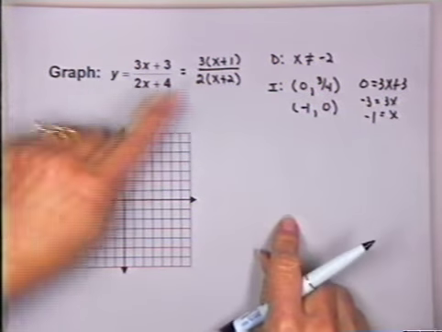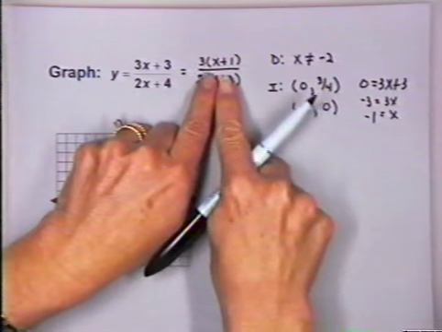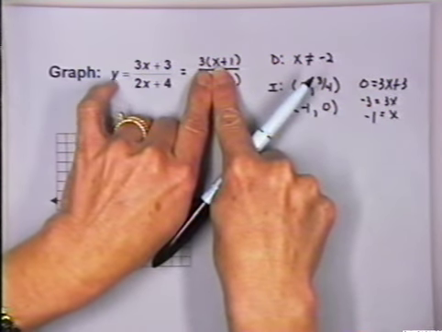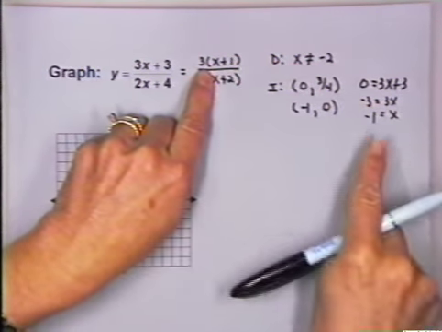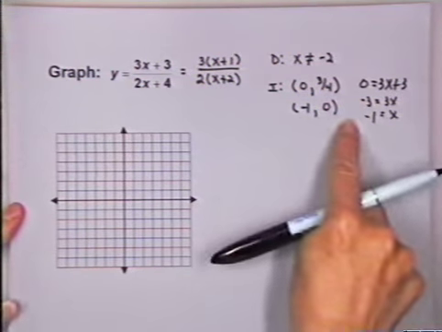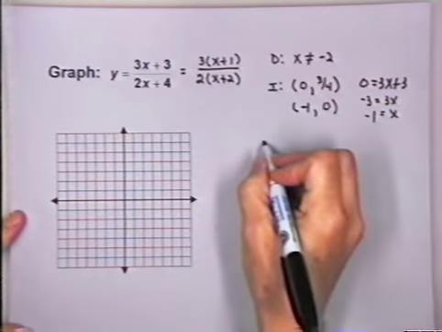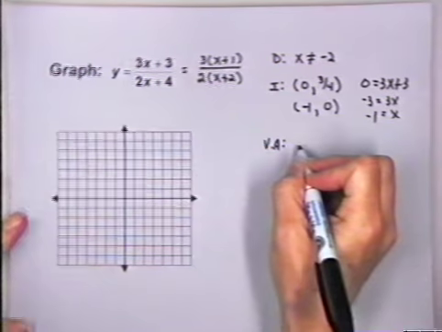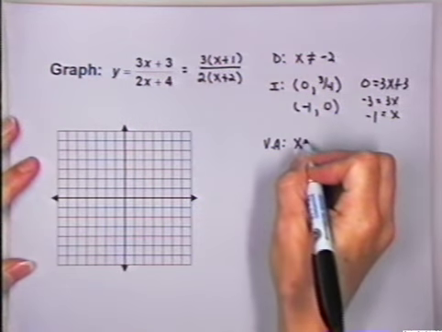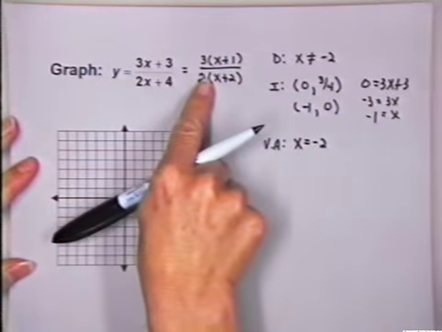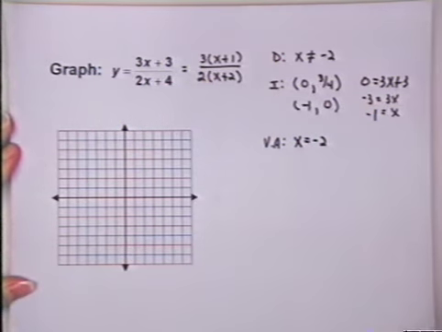Notice I could have seen that in this form right here. If I set this numerator equal to 0, then it's obvious -1 is my solution, isn't it? Okay? Alright, vertical asymptotes. X equals -2 makes my denominator 0, but notice it does not make my numerator 0.